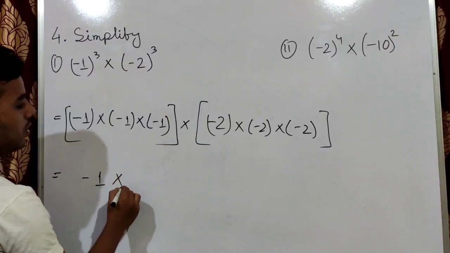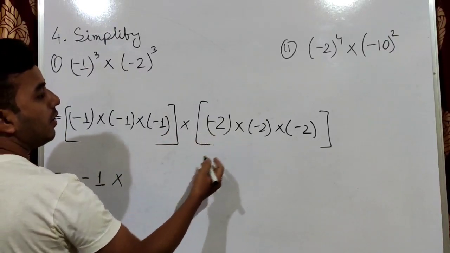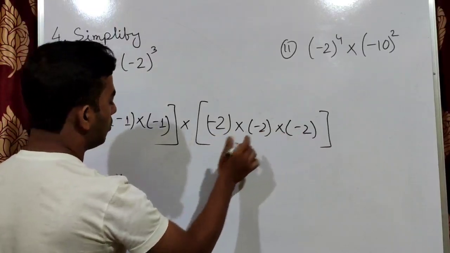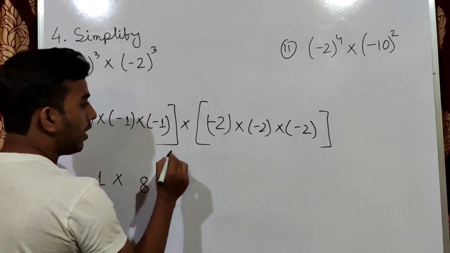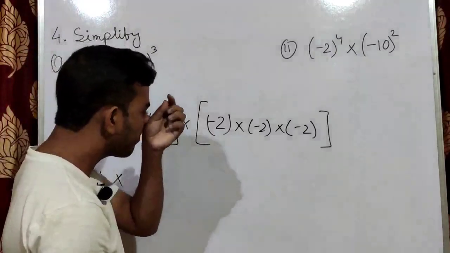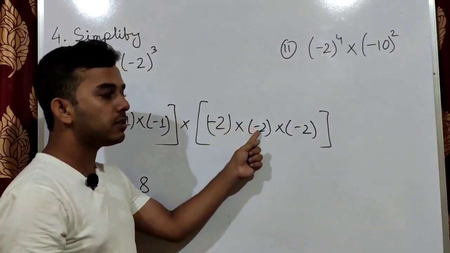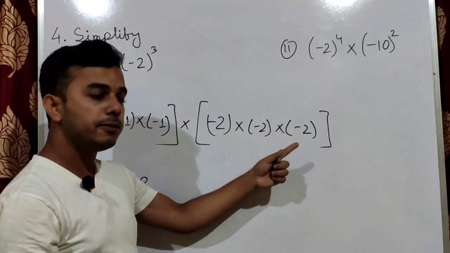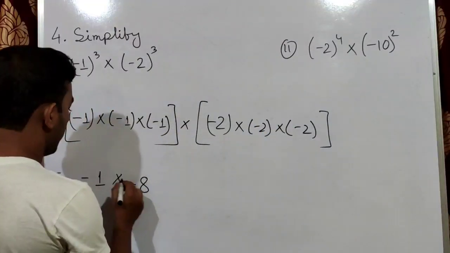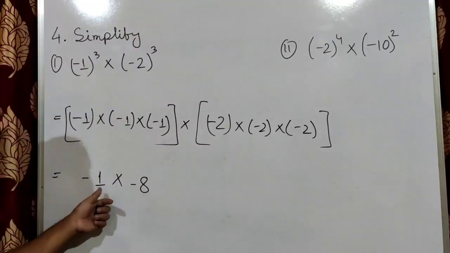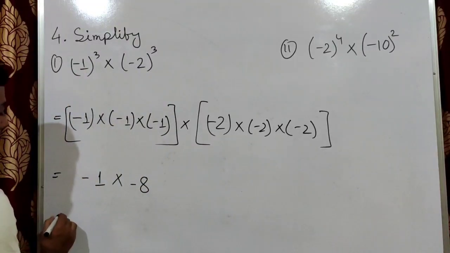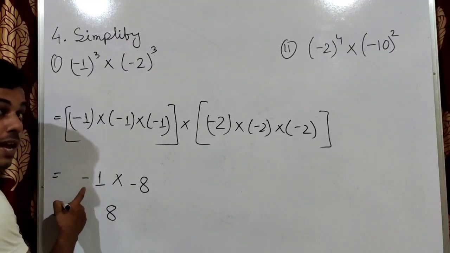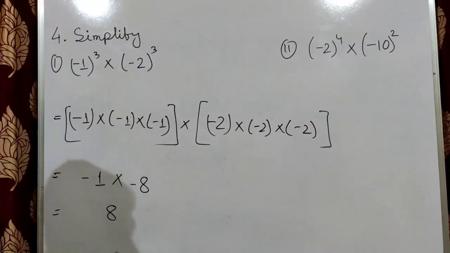Then with this multiplication sign, 2 into 2 is 4, 4 into 2 is 8. Now again minus sign, minus minus is plus, then plus minus is minus, that means we have to multiply minus 1 with minus 8. So now 8 into 1 is 8. Now again for the sign, what sign will it be, right?